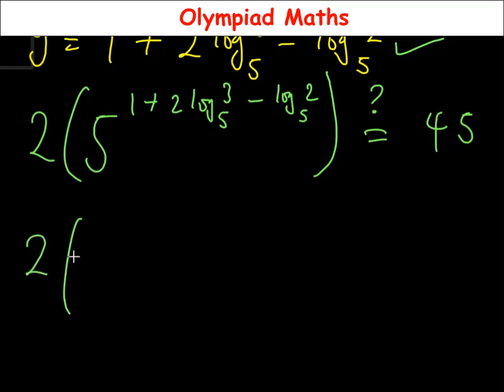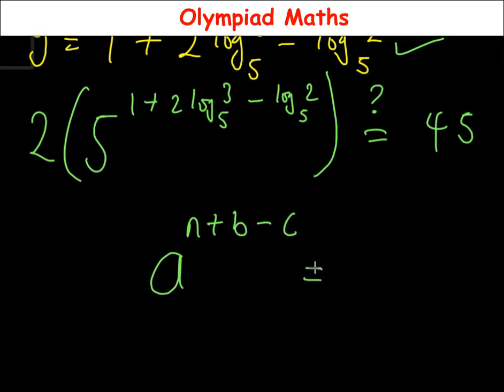Now before then, there is a rule that if you have a raised to power n plus b minus c, this is equal to a raised to power n times a raised to power b all over a raised to power c.